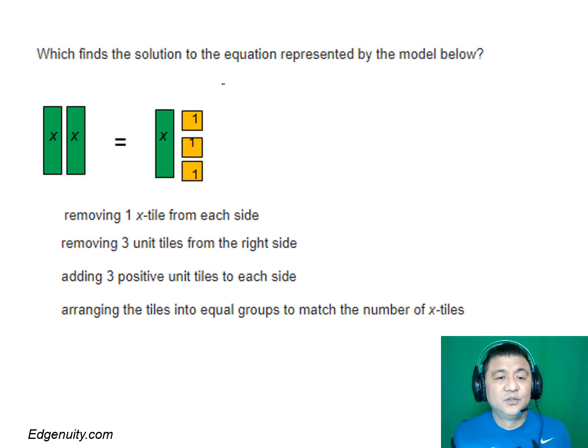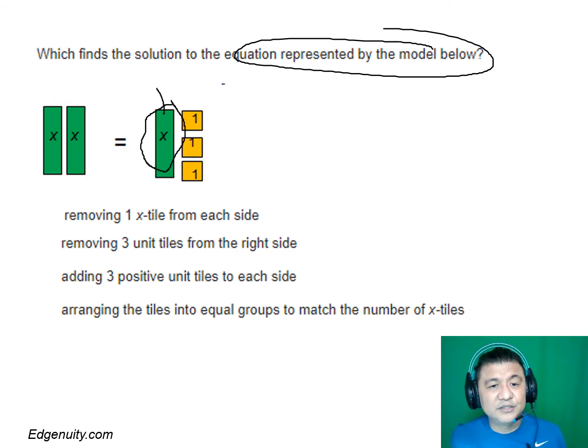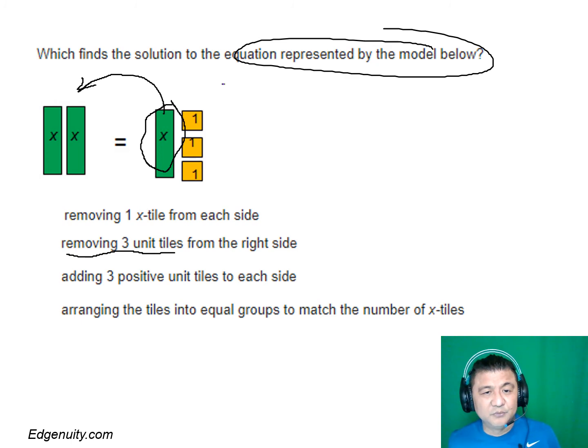Let's try another one. Which finds the solution for the equation represented in the model below? Remember, you want to gather all the x's together. How do I remove the x tile? Will I remove 3 unit tiles? No, they can stay there. Will I add 3 positive unit tiles on each side, plus 3, plus 3?